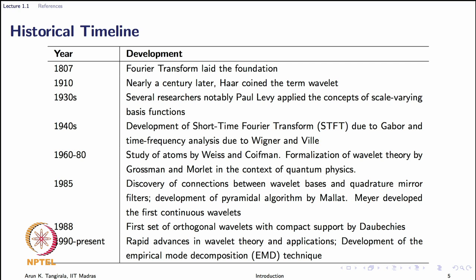The prominent improvement is the short time Fourier transform due to Gabor and others. Once it was proposed, it was studied comprehensively, but then people found that there are certain limitations to the use of the short time Fourier transform, and that there is a better way of doing things for a large class of signals, and that is when wavelet transforms came along.